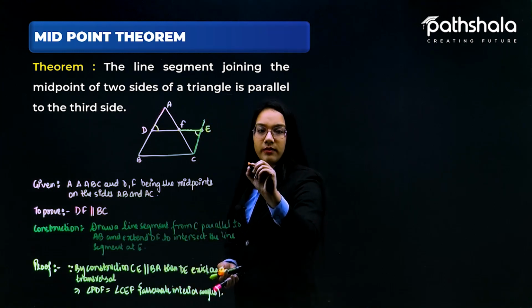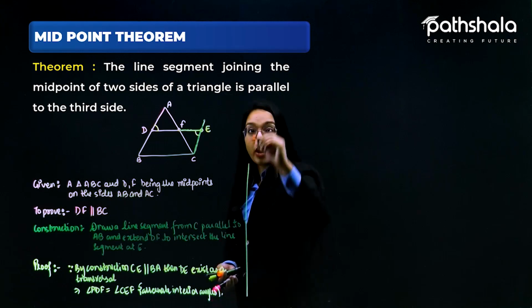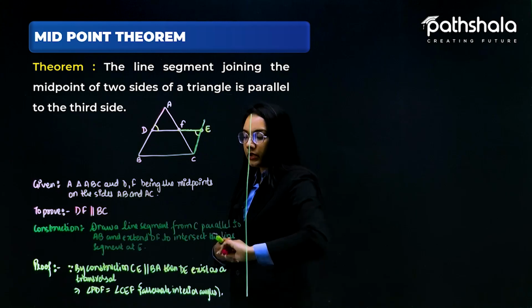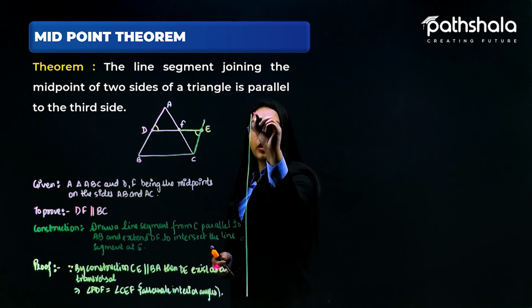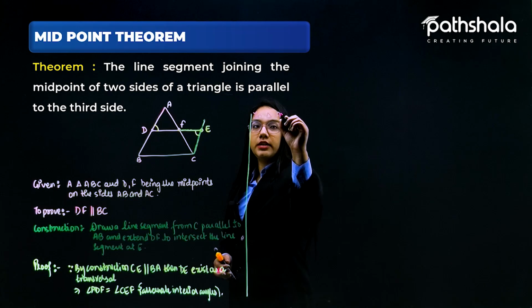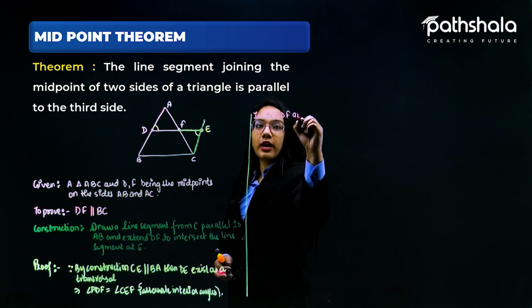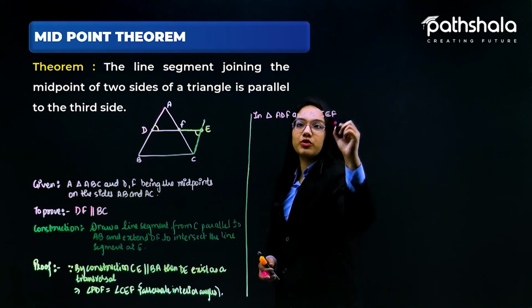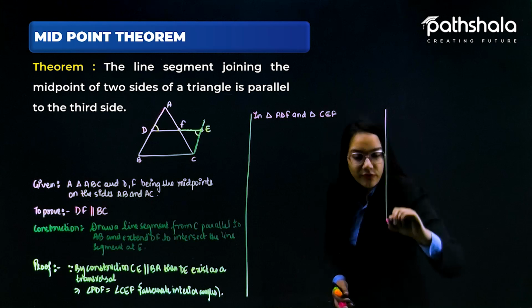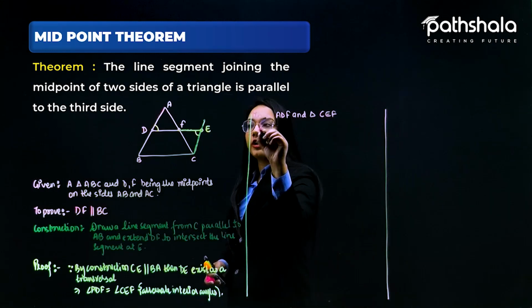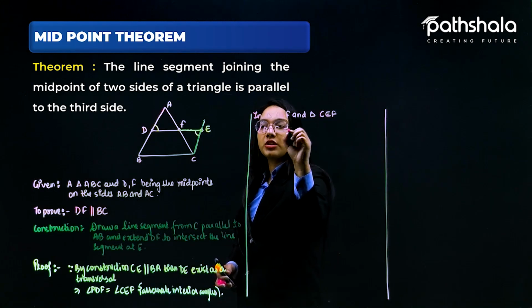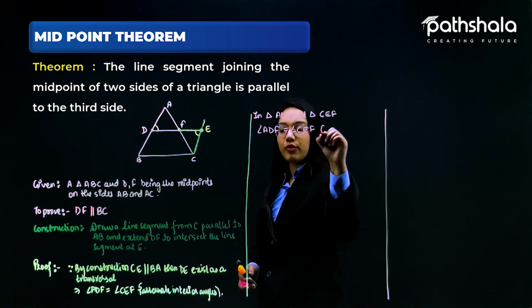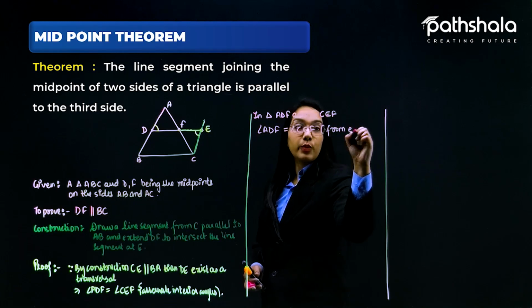Now, what can we say about the two triangles? Let's take triangle ADF and triangle CEF. First of all, we have already proved that angle ADF is equal to angle CEF, from equation number 1.